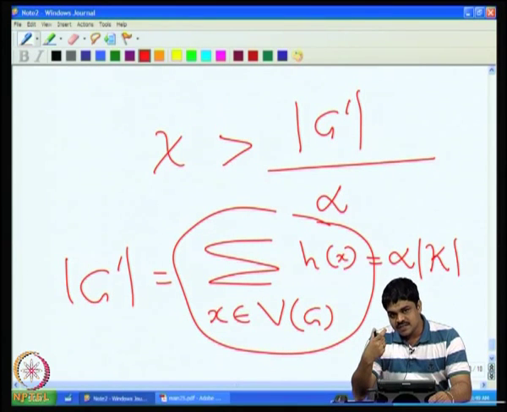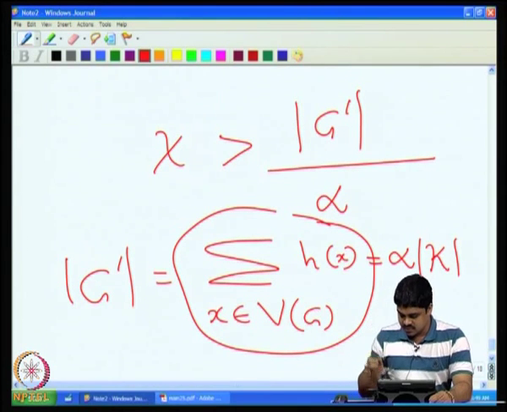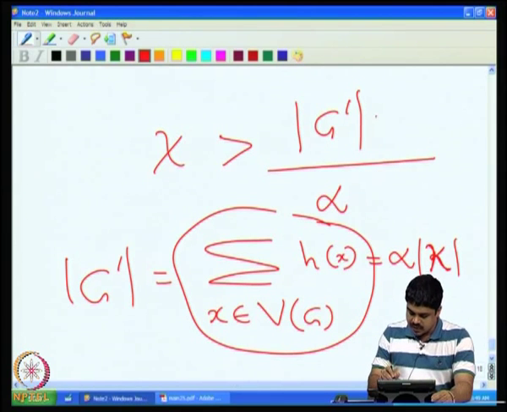Each Si will say I have contributed alpha, because its cardinality is alpha and each vertex inside it contributes 1. Since k sets are there, the total is k into alpha.